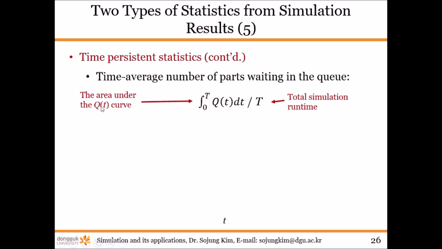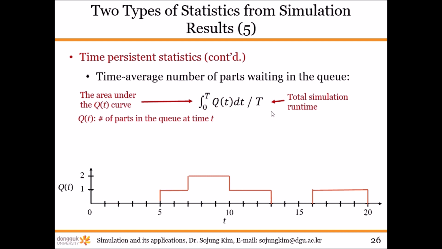Once you have the total area, you can divide it by T, which is the simulation runtime, so that you can get the time-average number of parts waiting in the queue. So if you have this kind of graph showing the number of parts in the queue at time t, then you can easily calculate this statistic.